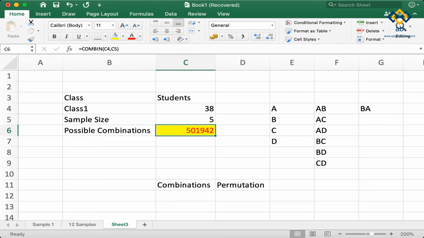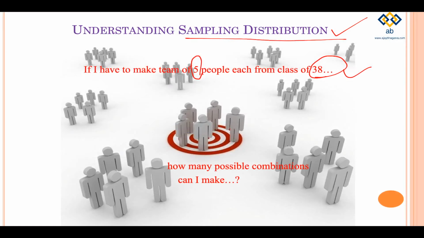Now the same thing, if we can now go to our PowerPoint slide, we were here only, and we can very easily say that the number is 5,01,942. These many samples we can draw out of this class.